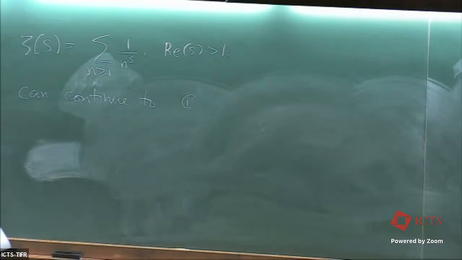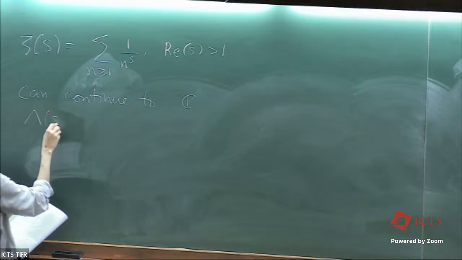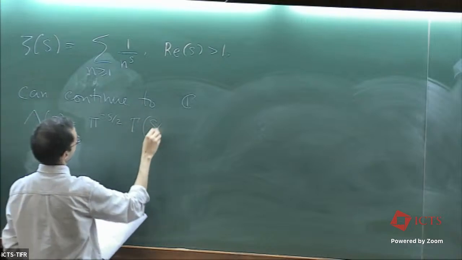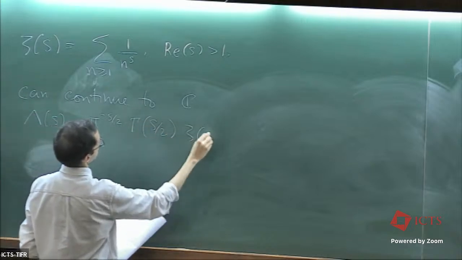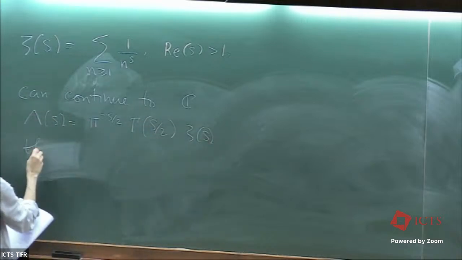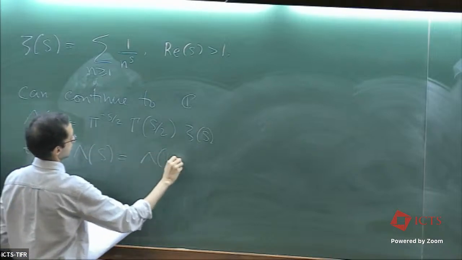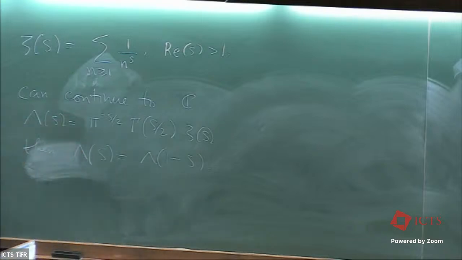We know that there's a functional equation. So for example, if you write this completed zeta function, then you know that it satisfies a certain functional equation like this.